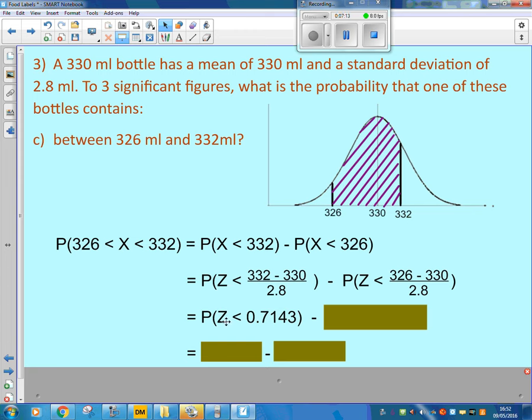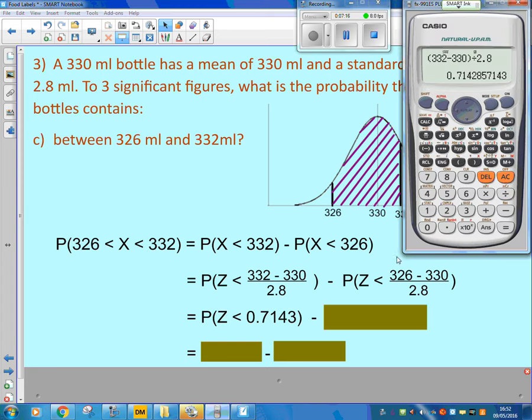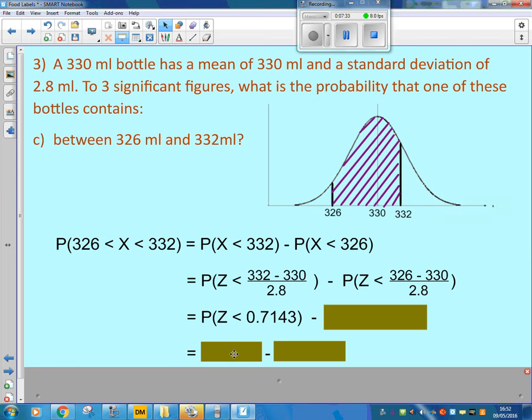Now I'm actually going to work out what P of that is straight away while I've got that number on my calculator. So I'm going to do shift 1 and 5 for distribution, 1 for P, and I want P of answer as I did before. So I'm doing P of that number there equals 0.76247. There it is.